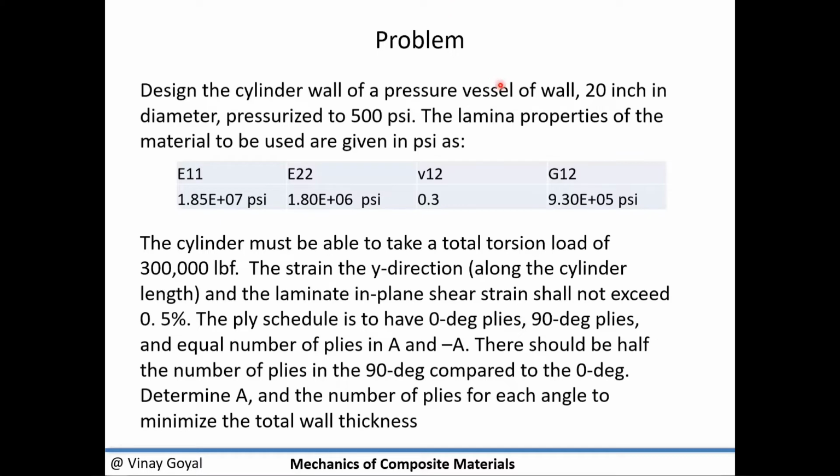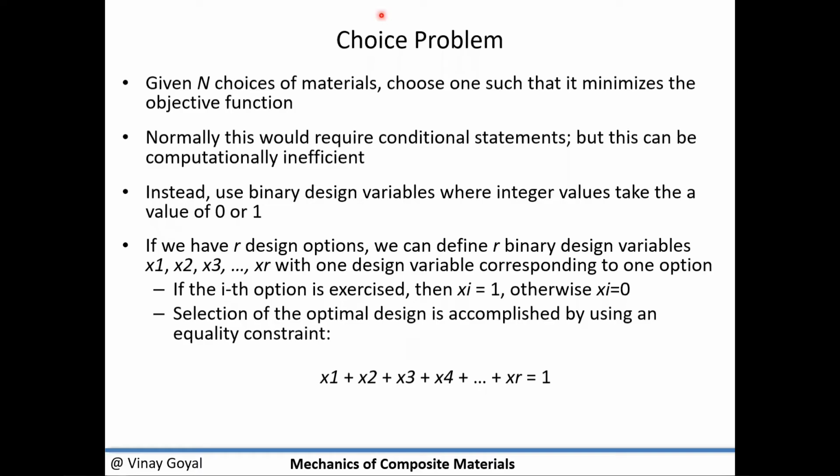Let's move now into a new topic, and that is material selection. For material selection, what we're looking for is what materials can I select for my design, and how can I tackle the problem from that perspective. So we're going to go into something called the choice problem.